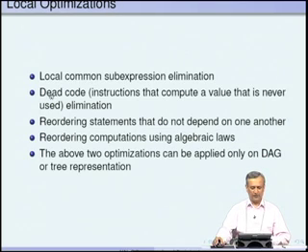Then it is also possible to do dead code elimination. What is dead code? Instructions that compute a value that is never used. It is possible that we just use another extra variable, assign it a value, and the variable is never used in the program. How does such a thing happen? It may not be intentional, and it may not be done by the programmer the first time he or she writes a program.